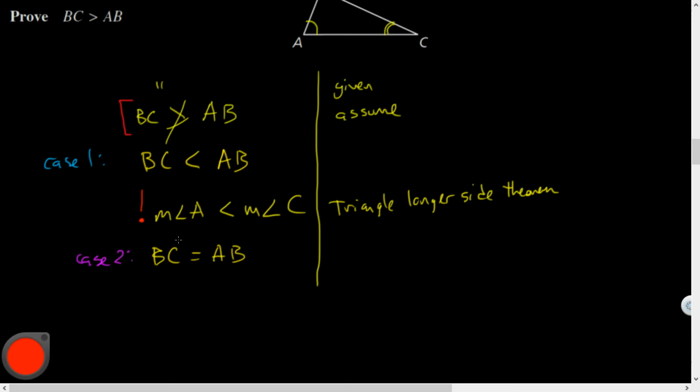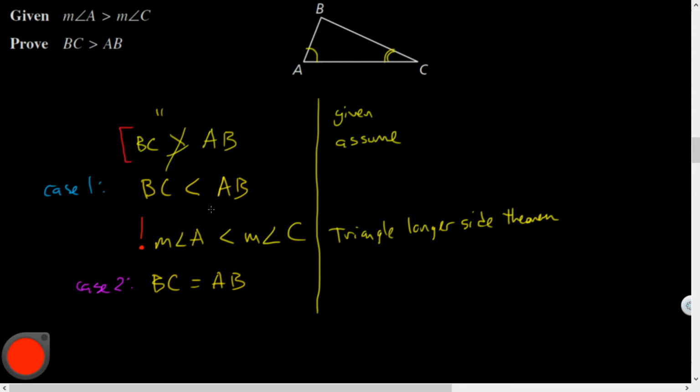What about case two? Could it be true that those two things are equal? If BC was equal to AB, what could you tell me about those angles?